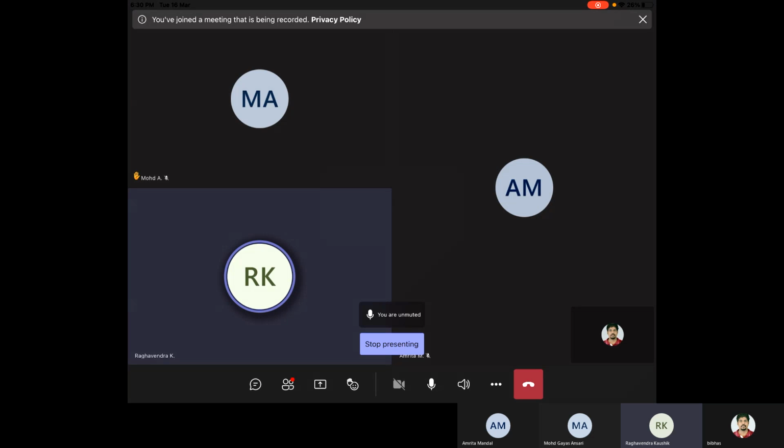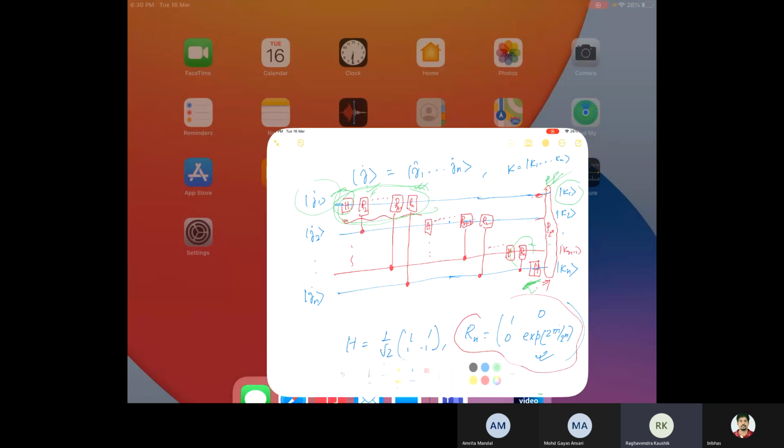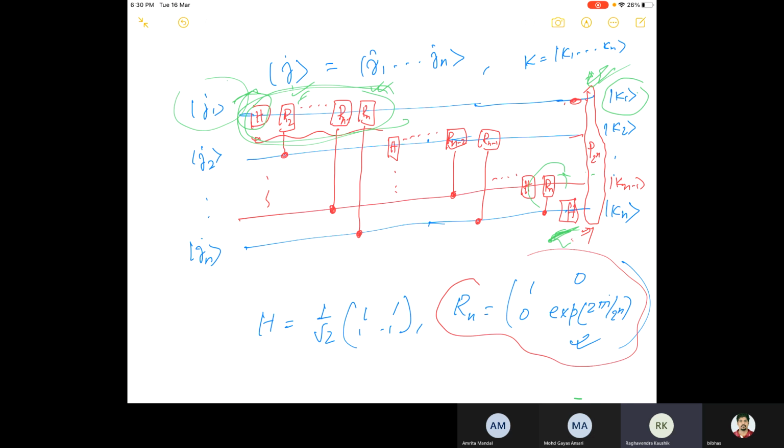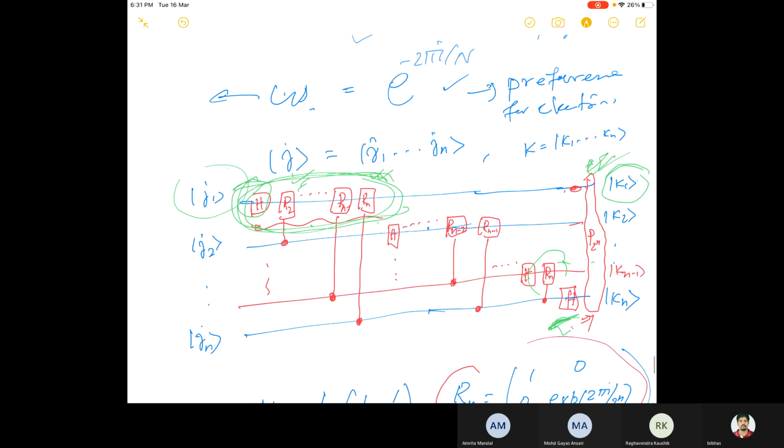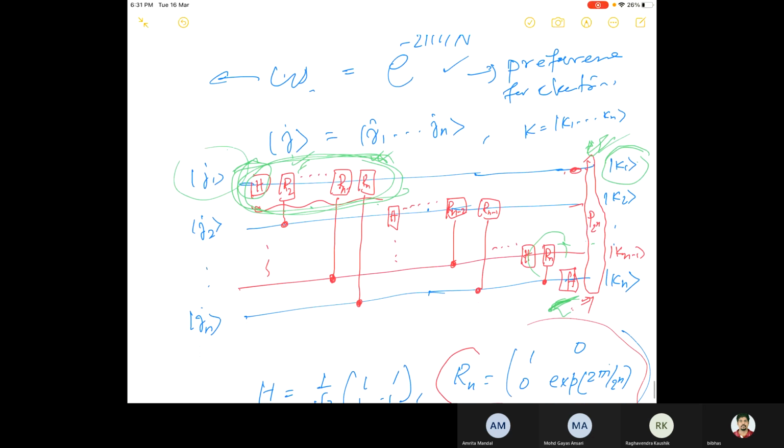Okay, I did not understand. Okay, let me repeat it again then. What is happening? If you do not apply the permutation to the power n, what will happen is that k1 will actually be kn. Because you are applying R2, R3, dot dot dot up to Rn, this output corresponds to the j1.